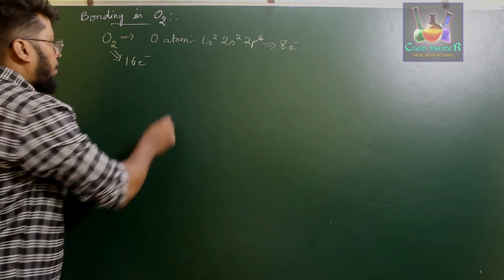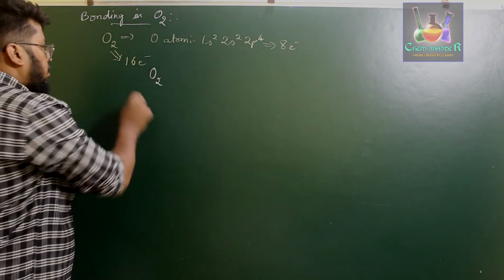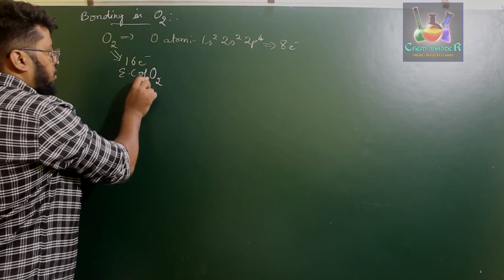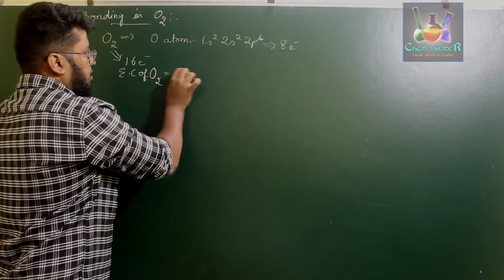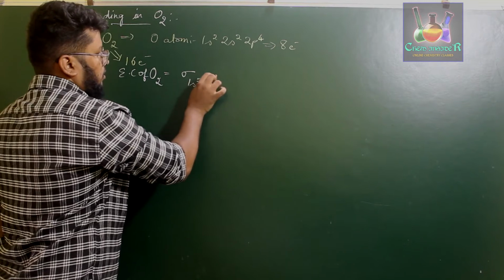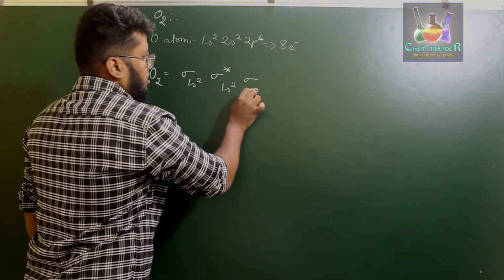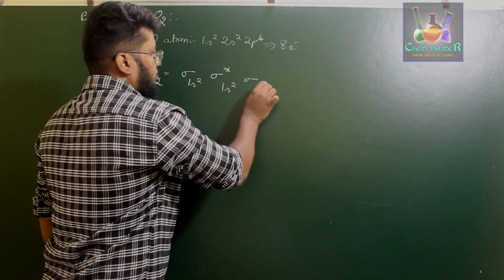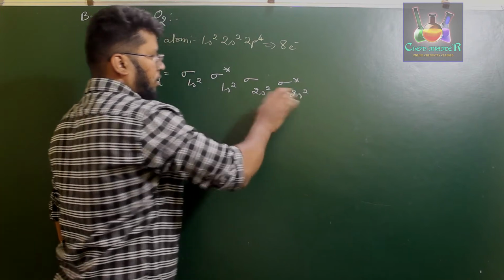Therefore, the electronic configuration of the oxygen molecule will start as sigma 1s2, sigma star 1s2, sigma 2s2, sigma star 2s2. So this much you already know.